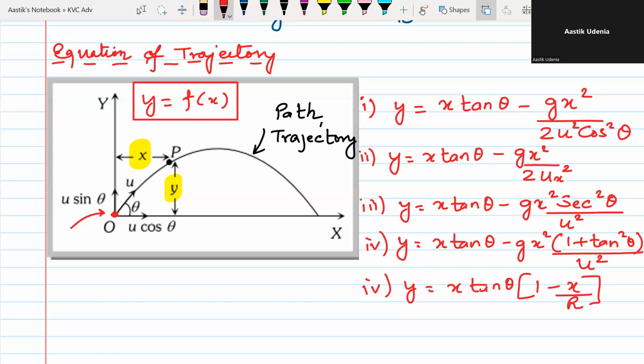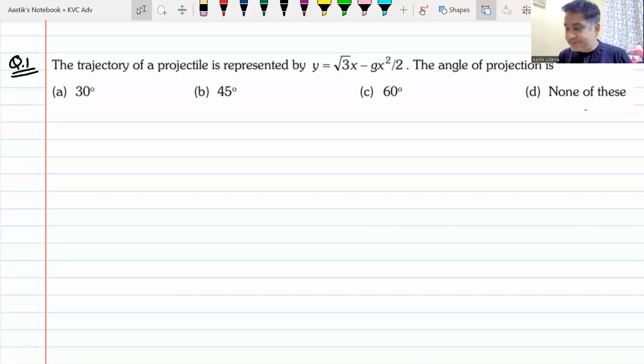Have you noted it down? Done, sir. Then comes the first question. The trajectory of a particle is represented by y is equal to root 3 x minus g x square by 2. What is the angle of projection?